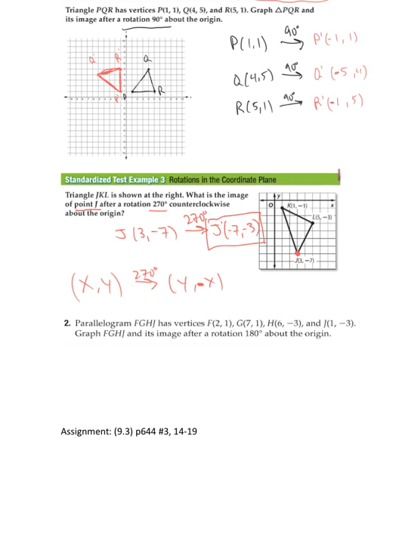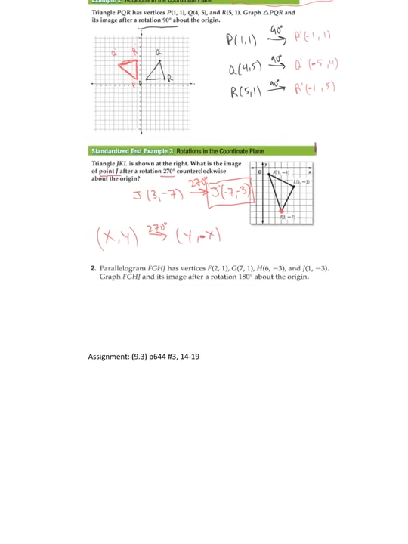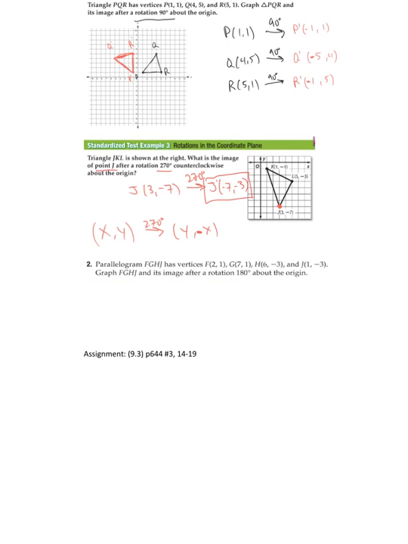So FGHJ has vertices (2, 1), (7, 1), (6, -3), and (1, -3). Got a feeling I'm going to need some room here.